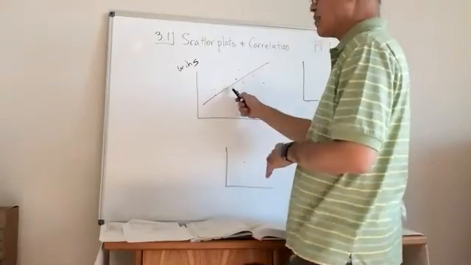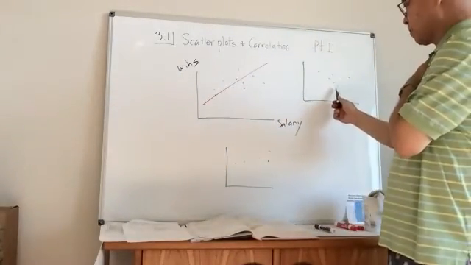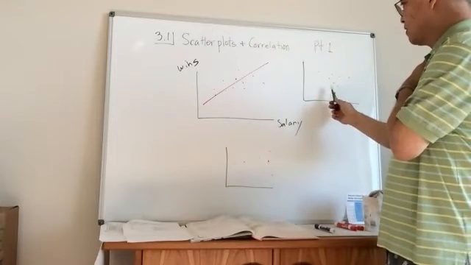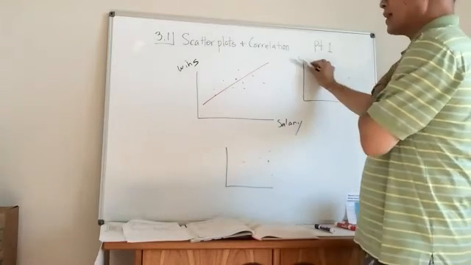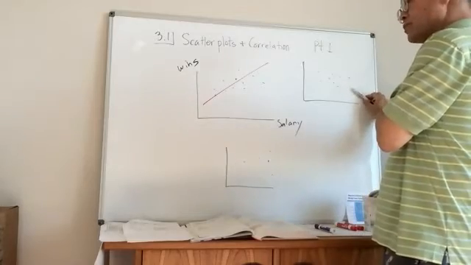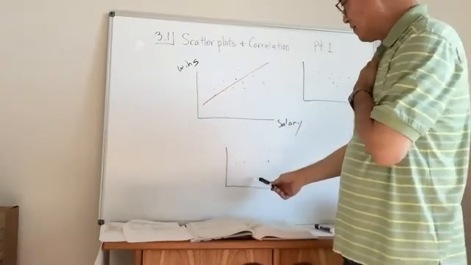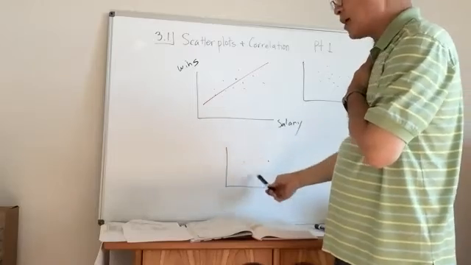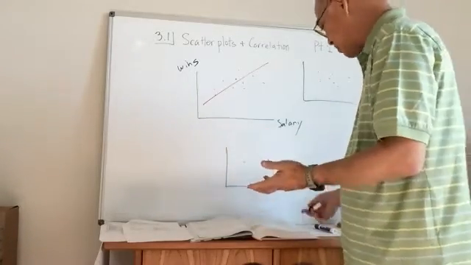Okay, so this was a positive association. What would this one be? It should be negative, because you're definitely going down. If I were to draw a line, it would be like this. This would be a negative association. This one here, no association. It's just all over the place, so random, so it's no association.